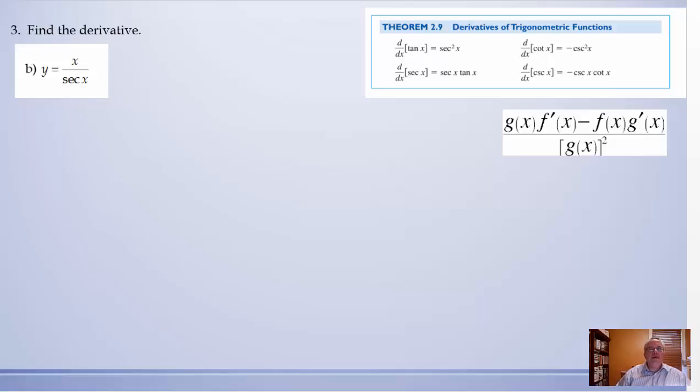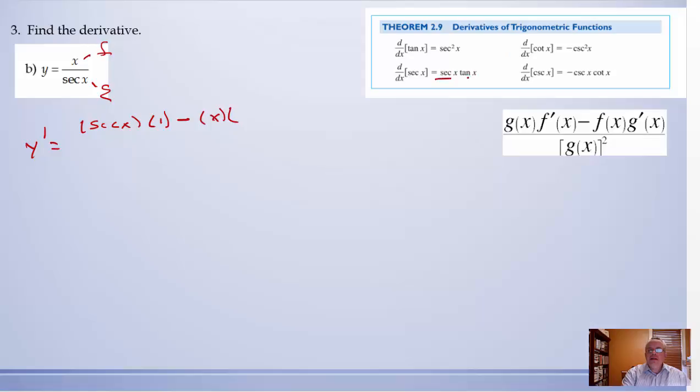This one's going to be a little bit interesting. This time we have x in the numerator and a trig function in the denominator. Okay, well, here we go. Y prime equals, this is f, this is g. So quotient rule says g of x, secant of x, times f prime, which is 1, minus f, which is x, times g prime.